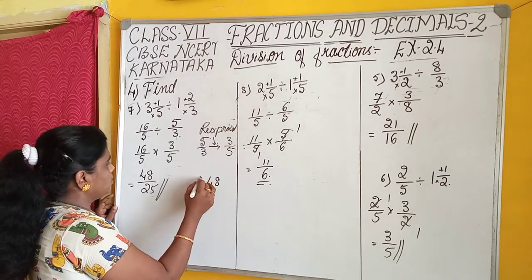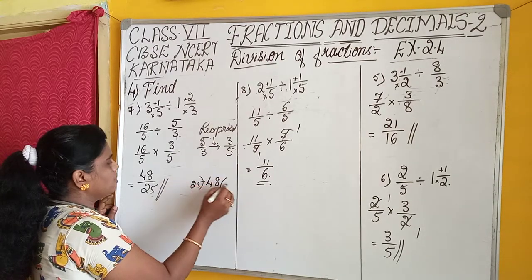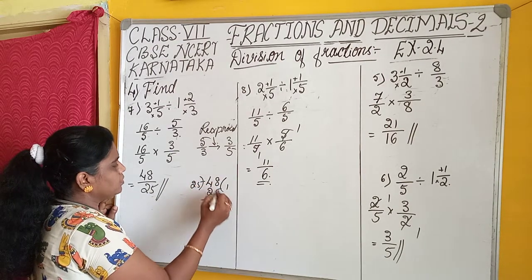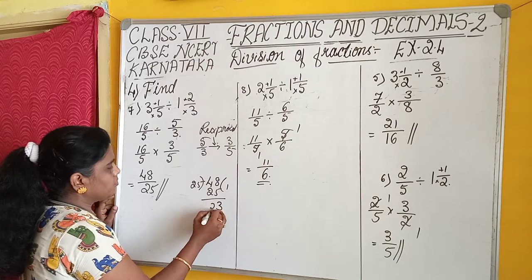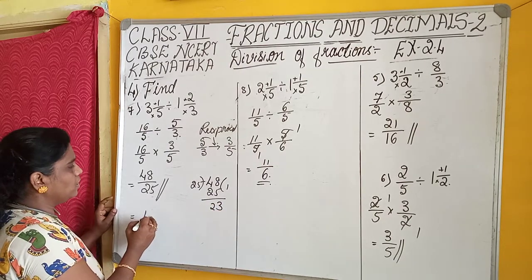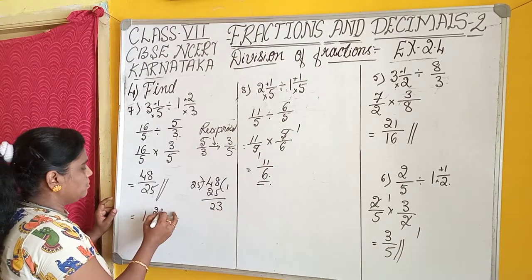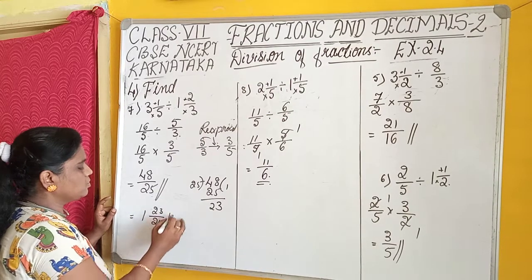Okay students, you can keep it as it is, or we can convert this into a mixed fraction. That is 48 by 25: 25 ones are 25, remainder 23, that is equals to 1 and 23 by 25. Like this you also can keep.